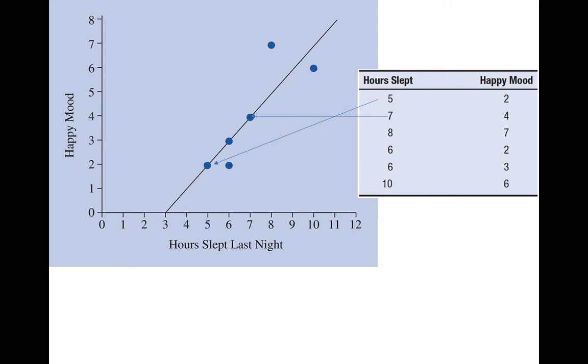It's a line that captures the trend of the data. And as we can see, we've got a positive trend here. We have a positive relationship such that in general it appears that the more one sleeps, the happier one's mood, the less one sleeps, the less happy one's mood is. But that's how we create a scatter plot.